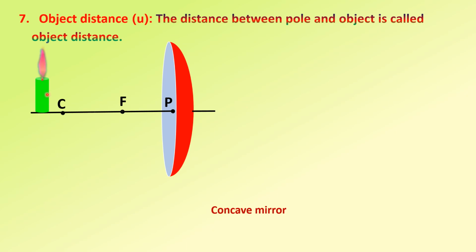Where its image will be formed, we will learn later. So we have to measure all the distances from the pole only. So here the distance between P, that is pole, and the object is called object distance, and it is represented by U, small u.